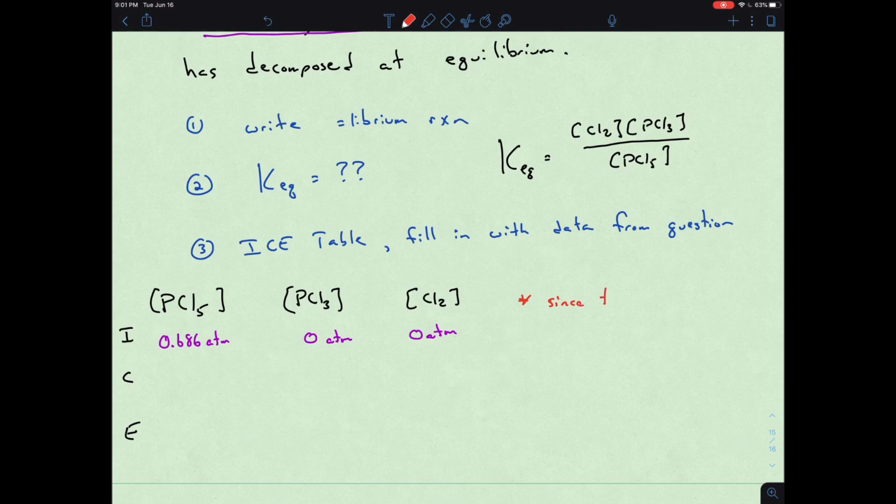Since there is no product initially, that means product must be formed at equilibrium.